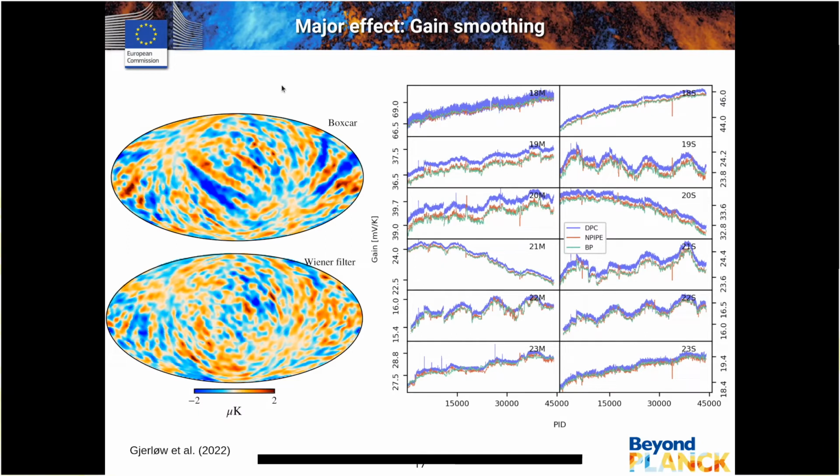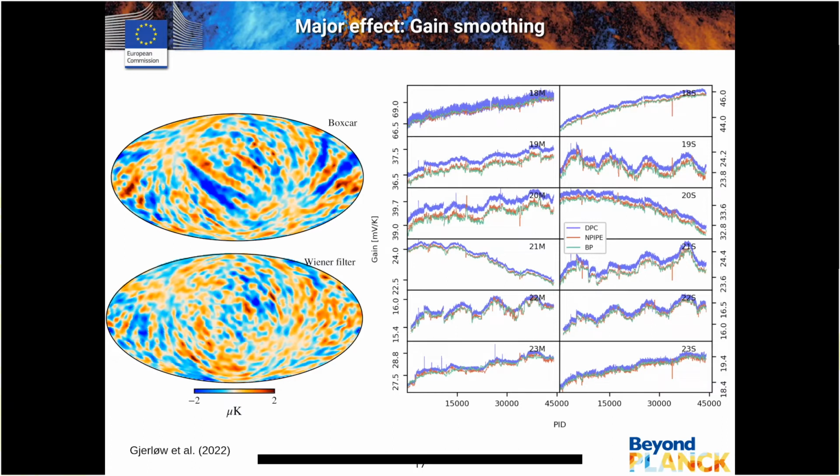So the first of these major effects that had probably the largest impact was the gain smoothing. So the gains are estimated per time chunk, but of course this estimate is very noisy compared to what we would expect from a physical instrument.